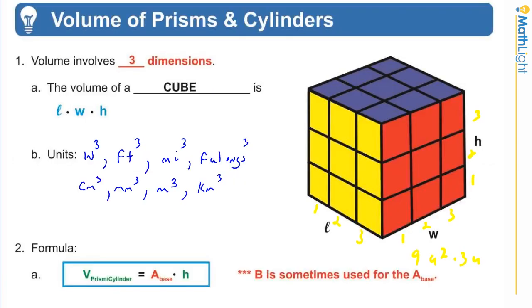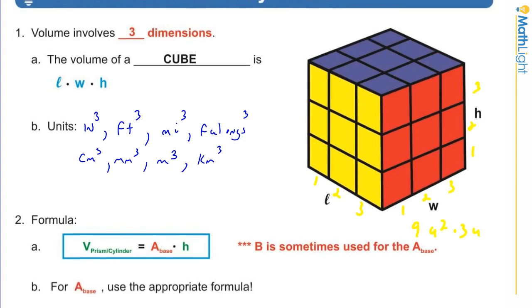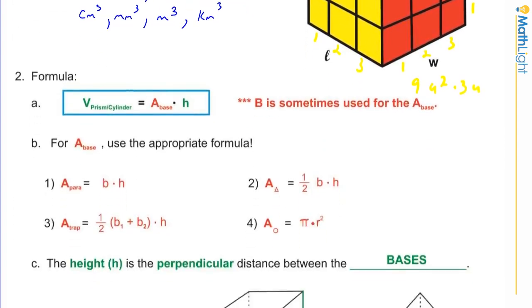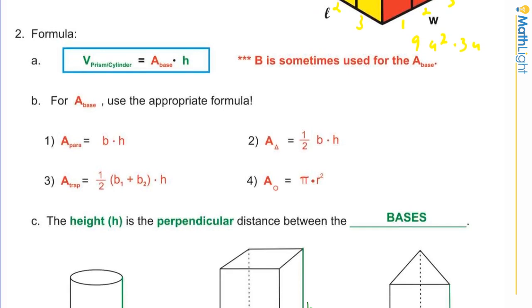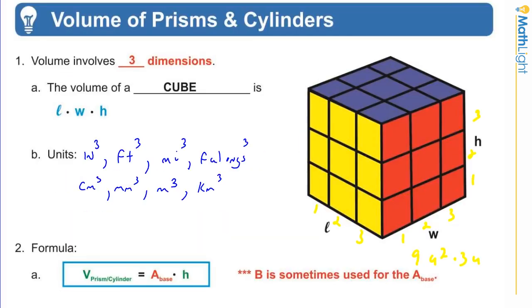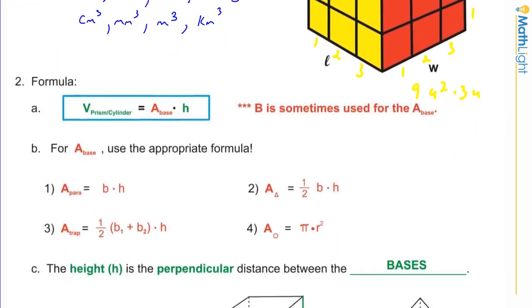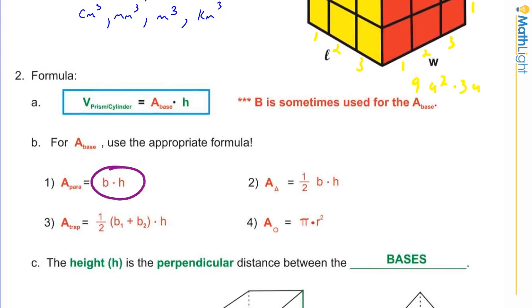Area of the base times the height. So again, let me go back to the beginning here and just review. When you're dealing with volume, you're dealing with how many cubic units fill some kind of three-dimensional figure. We're going to use area of the base times the height, but be ready for specific area formulas. Parallelogram could be a square, right?